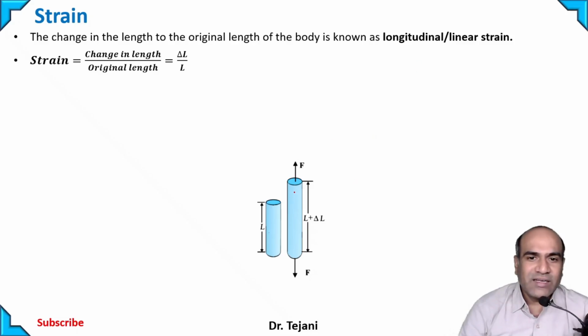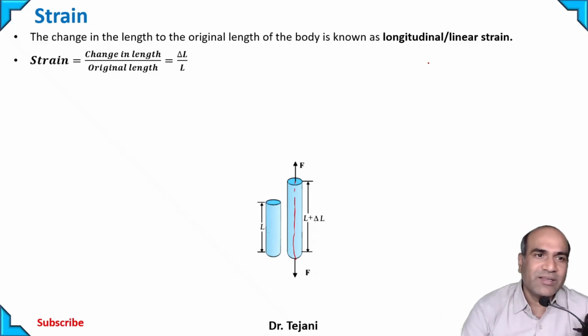See, this is the increase of length. It is taken along the line of force of action, and therefore it is also known as longitudinal or linear strain. You should remember both names, longitudinal or linear strain.